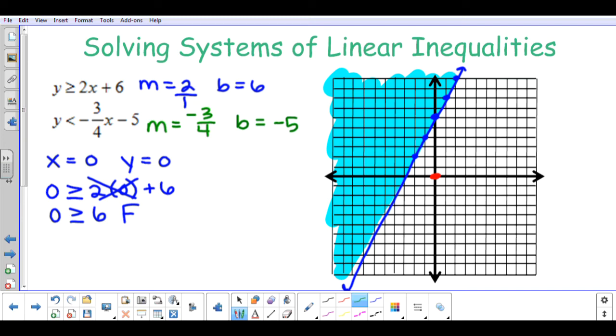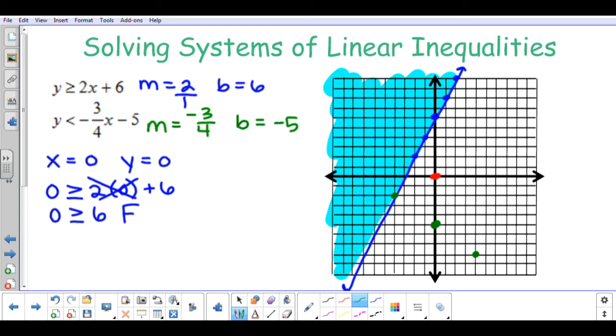So to start, I'm going to graph my y-intercept at negative 5 on the y-axis. And then I can do my slope. So down 3 and to the right 4. Like last time, I'm going to go in reverse so I can get a few more points. So I'm going to go up 3 and to the left 4.